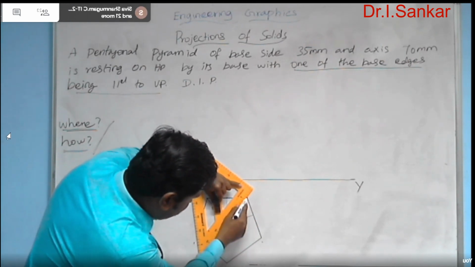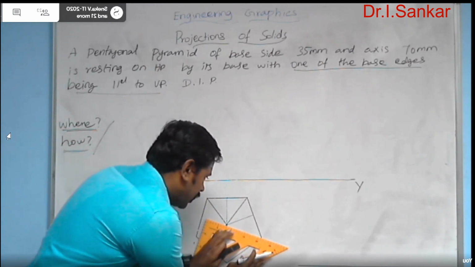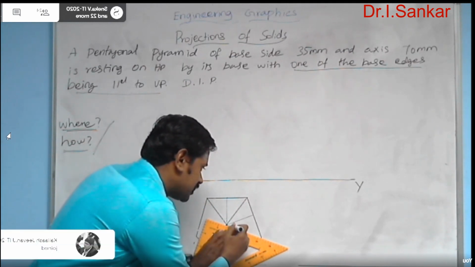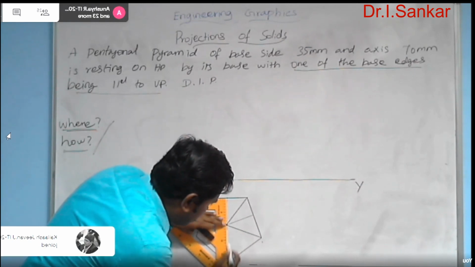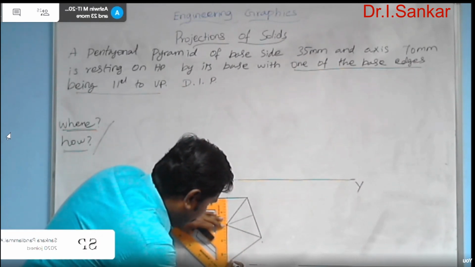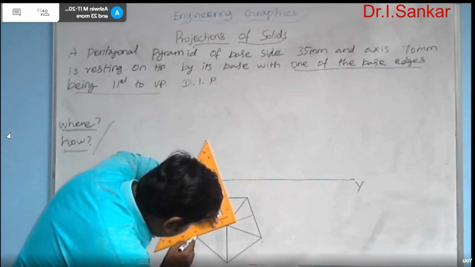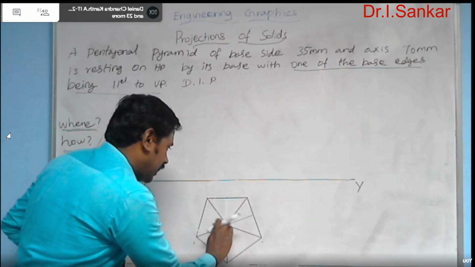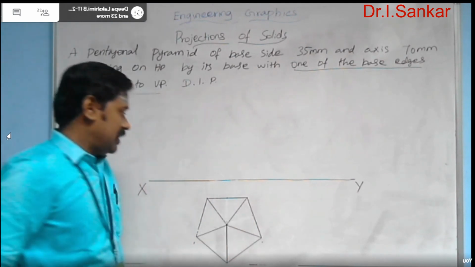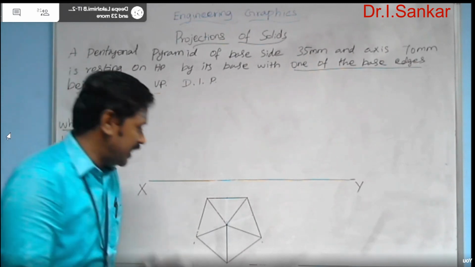These lines are nothing but the slant edges of this pentagonal pyramid. Totally 5 slant edges will be there in the pentagonal pyramid. So how many edges will be there in the pentagonal pyramid? The 5 base edges, in the side 5 side edges. Totally, in the case of a pentagonal pyramid, you can see 10 edges, 5 base edges and 5 side edges.